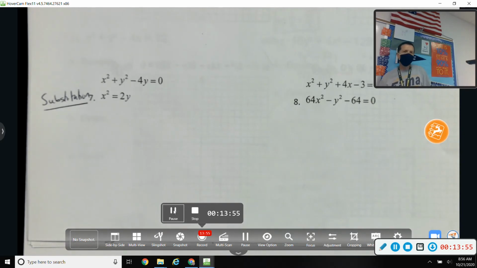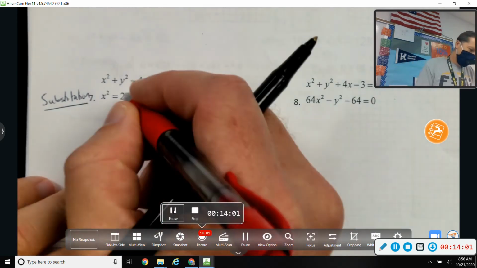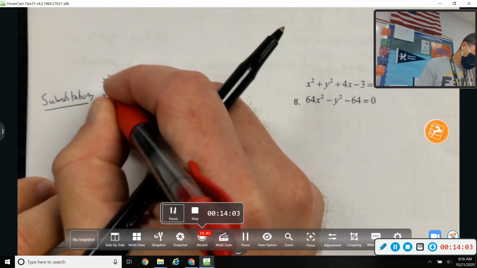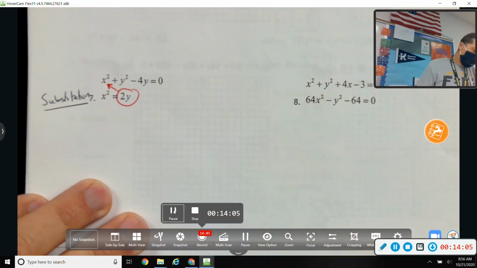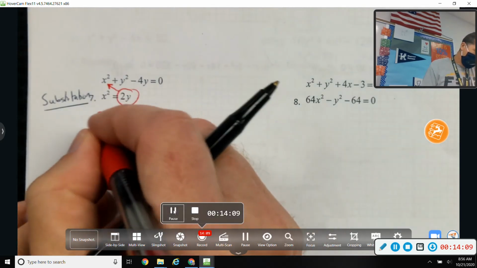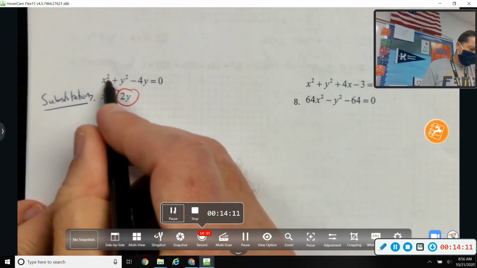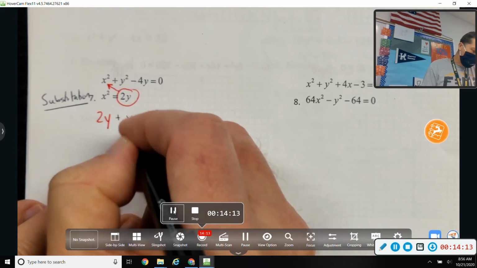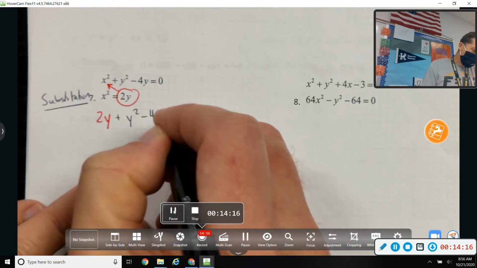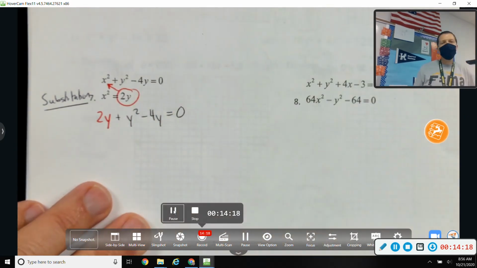If x squared equals 2y, then that means I can substitute 2y for x squared. So I'm going to substitute the second thing into the first thing and have 2y, because x squared is the same thing as 2y, plus y squared minus 4y equals 0.